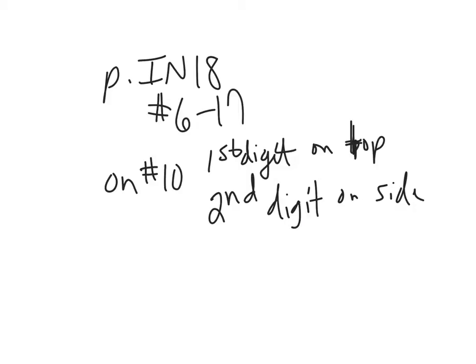So for example, at the top we've got a 1, on the side we've got a 5. How they've got it set up, that would be first digit, second digit, that would be 15, for example. That'd be your top corner there, just to get you started with that.